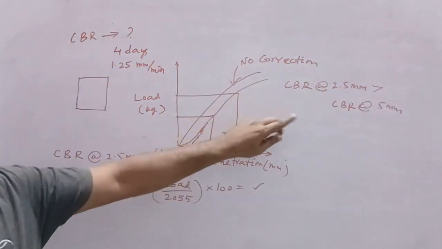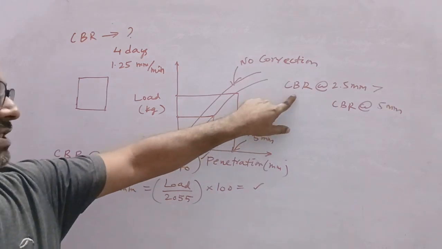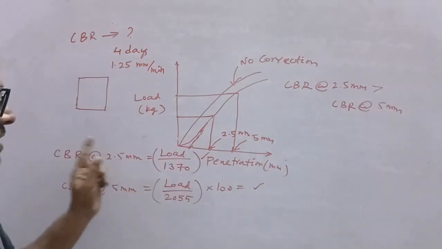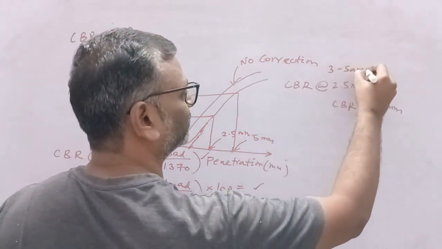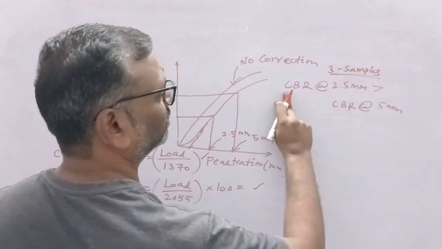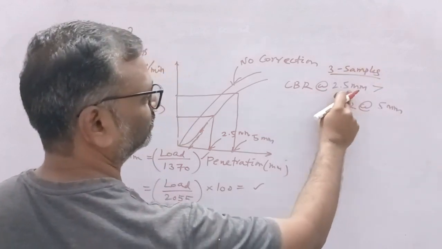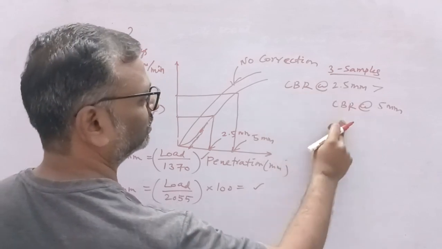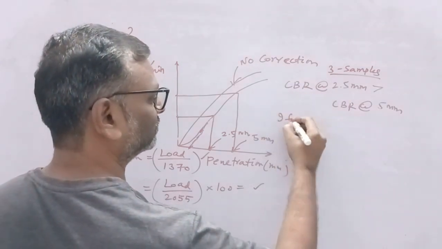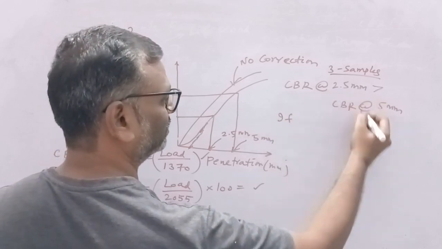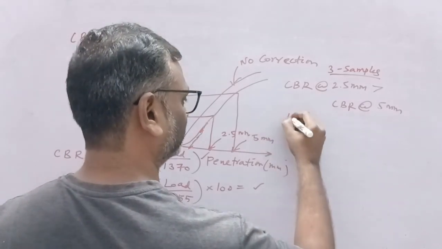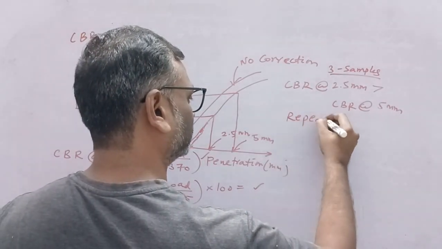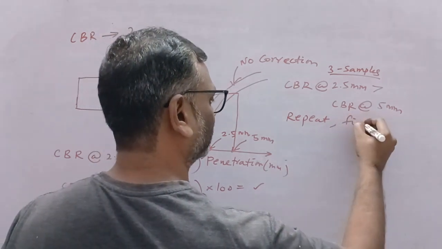Mind you, this is not for a single sample; you have to take the average of 3 samples, and at 2.5 mm penetration the CBR value should be more. If this is not the case, then you have to repeat the experiment and find CBR again.